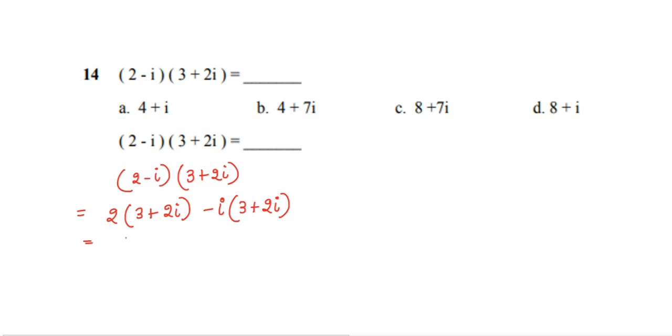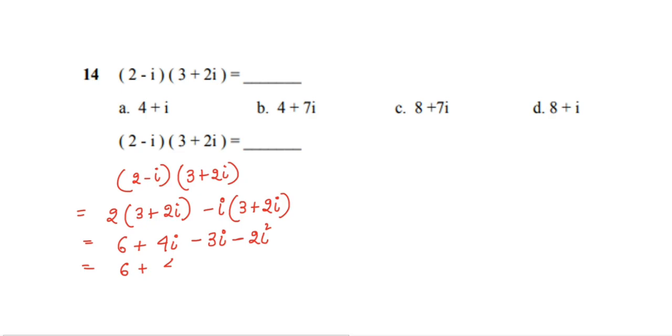Then it will become 3 2s are 6 plus 2 2s are 4i minus 3i minus plus is minus 2i square. I know the value of i square is minus 1, so it will become 6 plus 4i minus 3i.